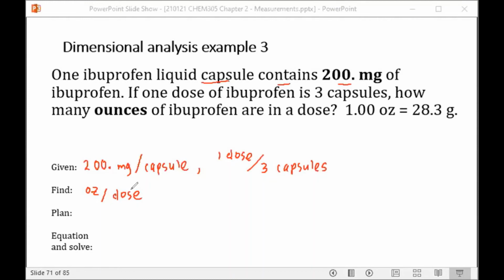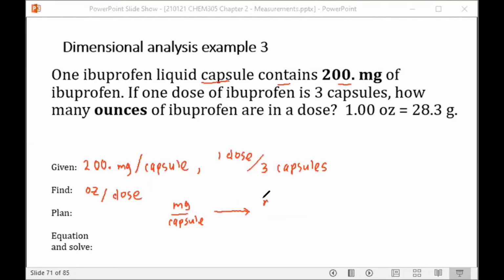So our plan here is going to be to go from, we'll write this over here so I have a little bit more room. Our plan here is to go from milligrams per capsule, and then we can use our other piece of given information, that in one dose there's 3 capsules, to convert from milligrams per capsule to milligrams per dose.